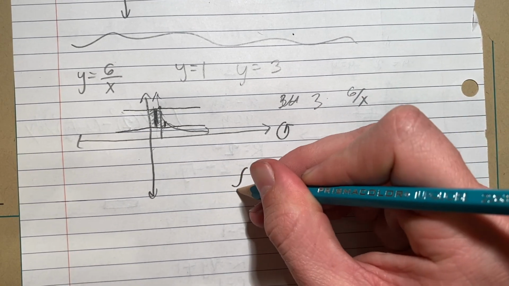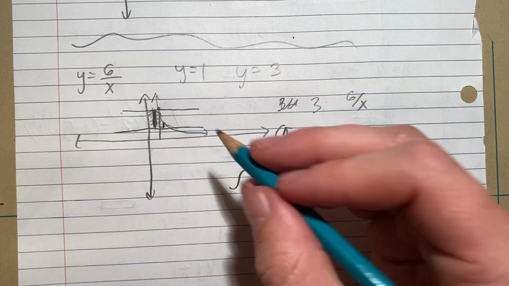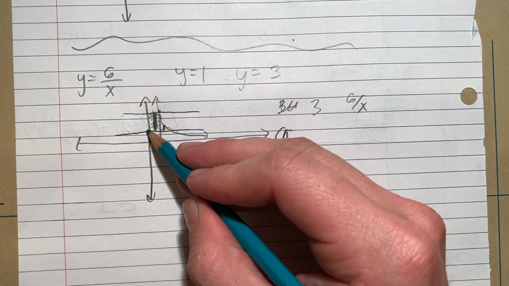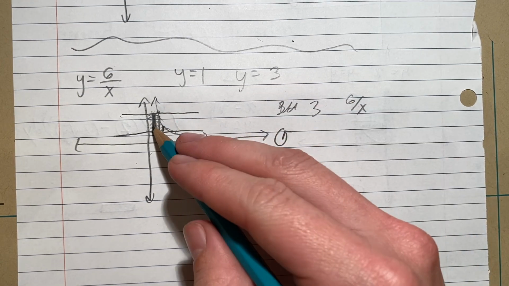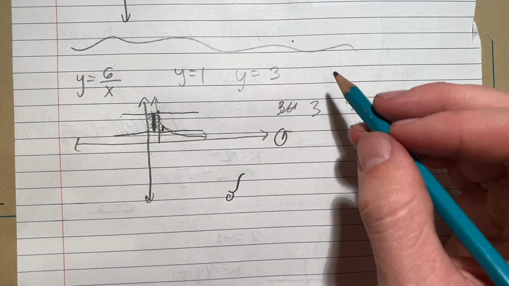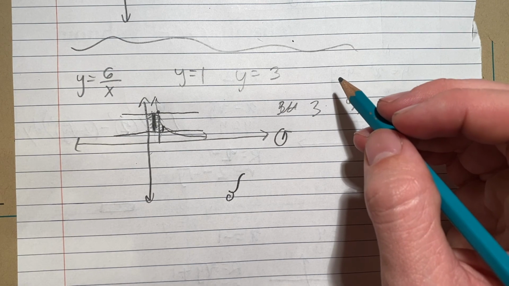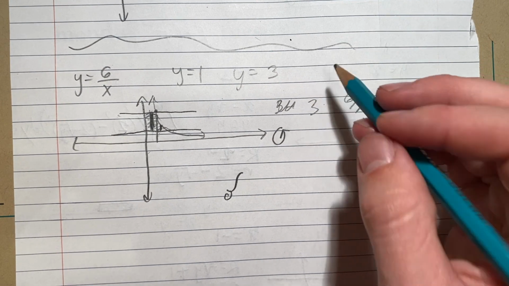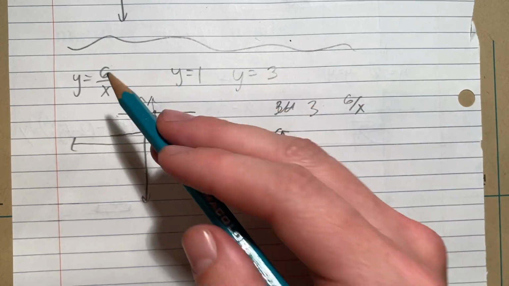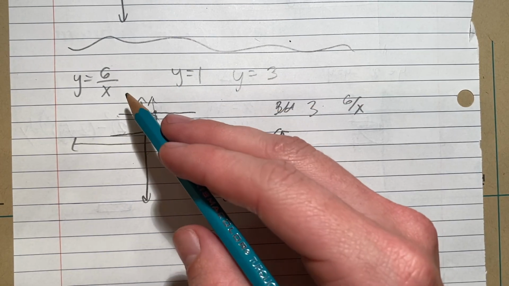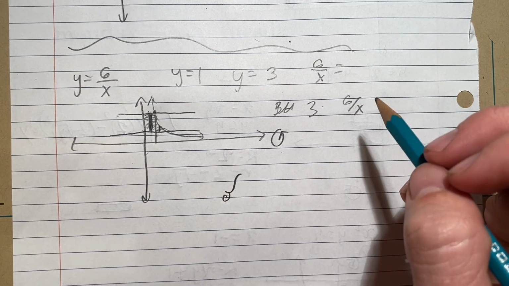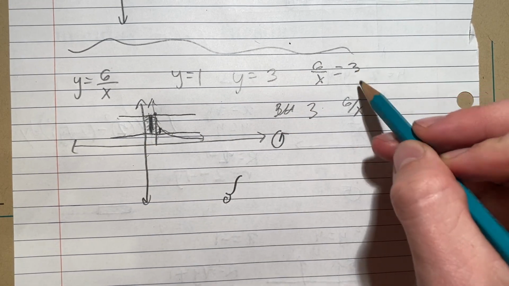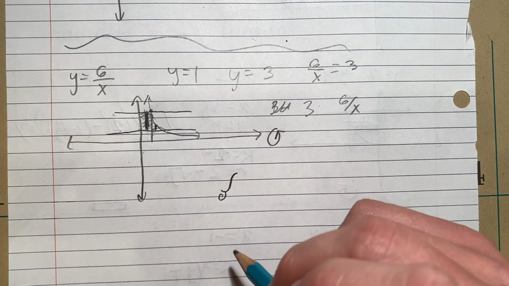You have to go from a to b, and that a is going to start at, we're going to go from x, from here to this x, right? So from 0 to, well, what is that x? Well, we have to look at when 6 over x is equal to 3, right? Because that's 3 up there.